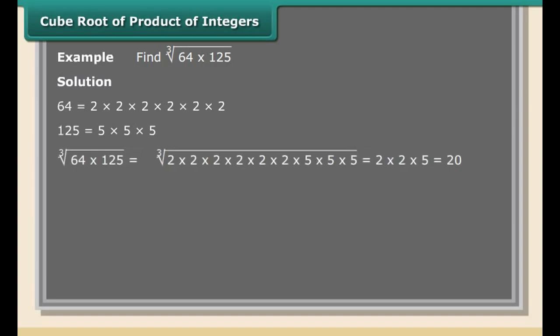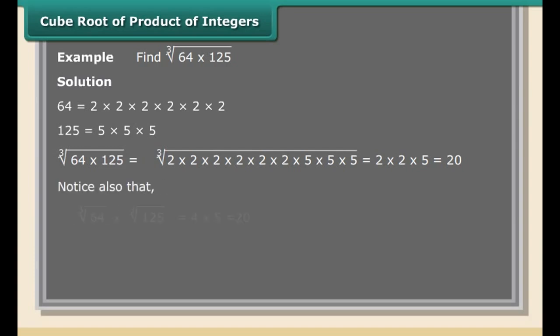Cube root of 64 into 125 is equal to cube root of 2 into 2 into 2 into 2 into 2 into 2 into 5 into 5 into 5, which is equal to 2 into 2 into 5, which equals 20.